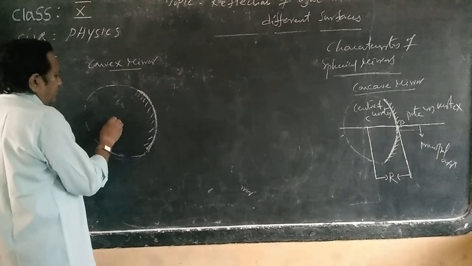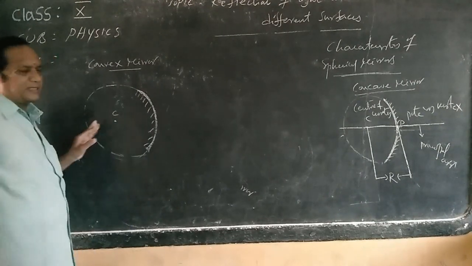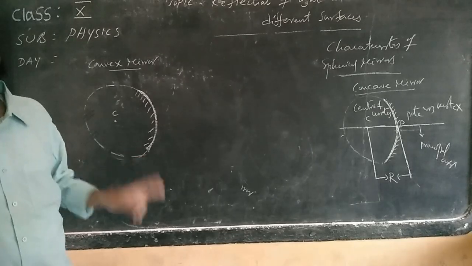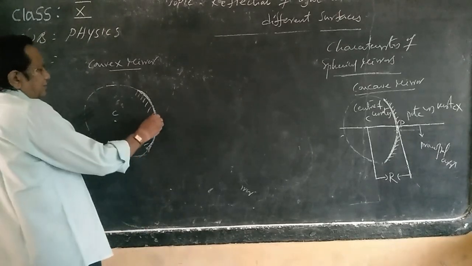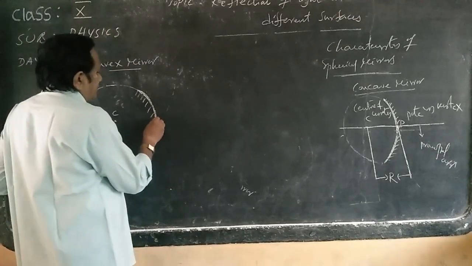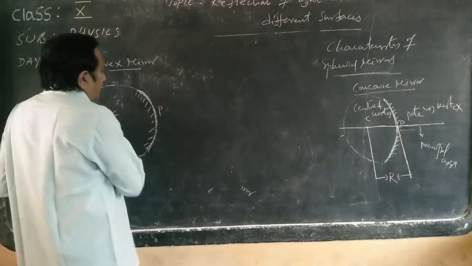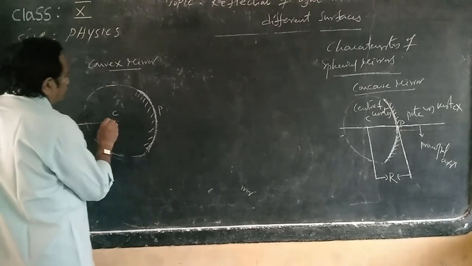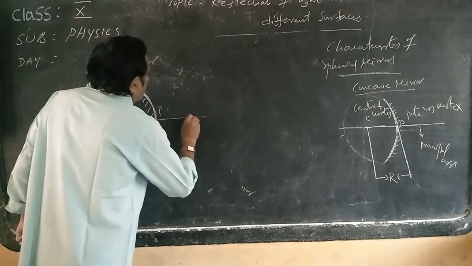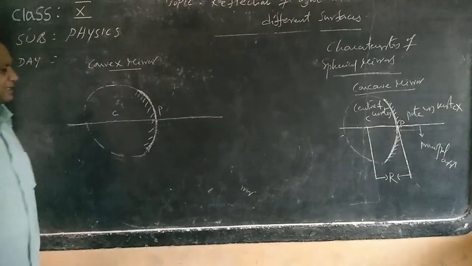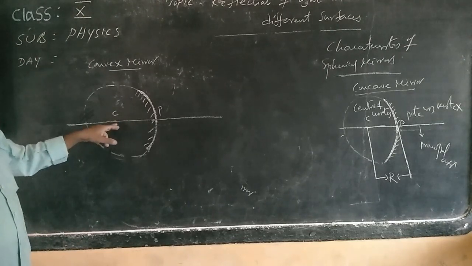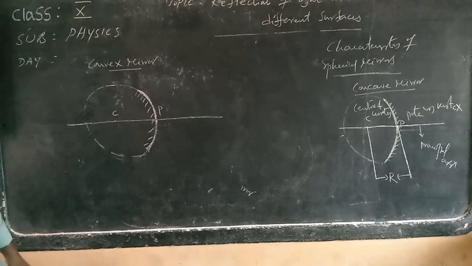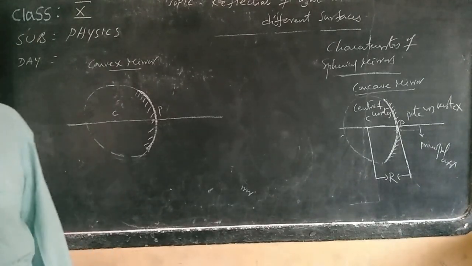The center of the sphere we call the center of curvature, and the center of the mirror is called the pole, and the line passing through the pole and center of curvature is taken as the principal axis. This line we call the principal axis.